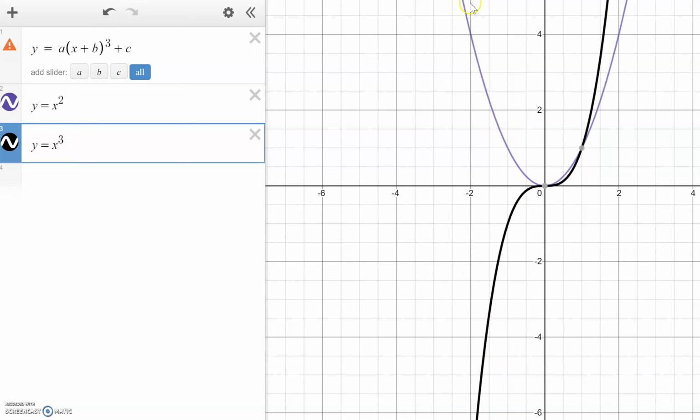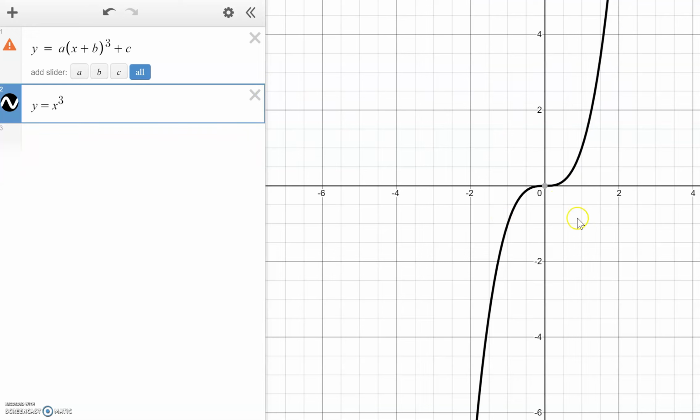And the reason being, this side, the purple one, is always positive because negative 1 times negative 1 becomes positive 1. And down the bottom for the cubic, negative 1 times negative 1 times negative 1 is always negative 1. Hence why all those values become negative as opposed to positive. So let's delete that parabola.